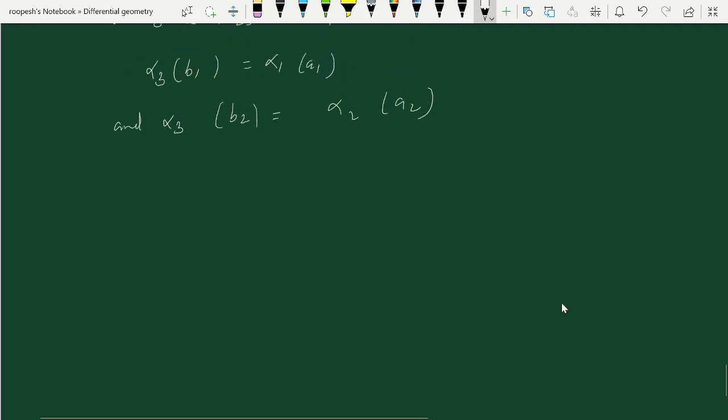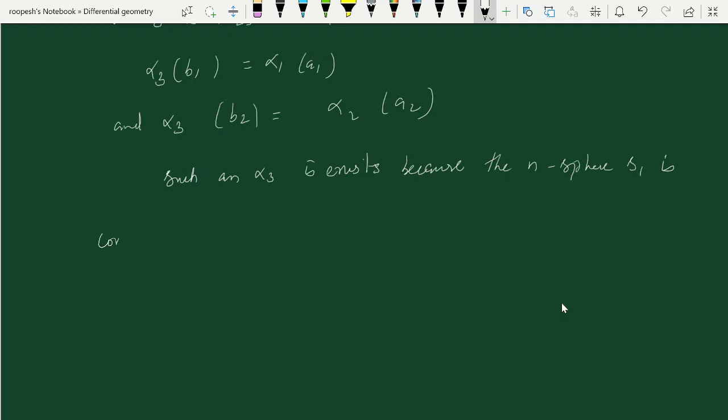Such an alpha 3 exists because S1, the n-sphere, is connected, for n greater than or equal to 1.